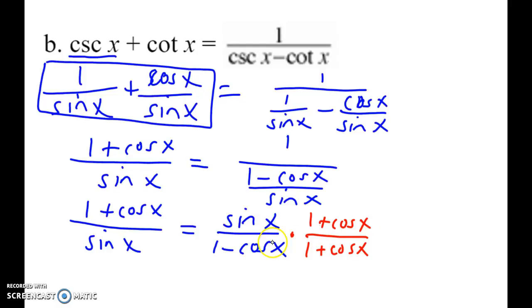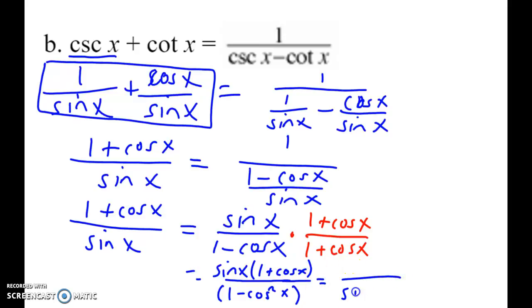When I do this multiplication, since it's going to be a difference of squares, the result here, on this side, I end up with 1 minus cosine squared of x in the denominator, and in the numerator, sine of x times 1 plus cosine of x. Now, I know that this is equivalent by the Pythagorean identity to sine squared.